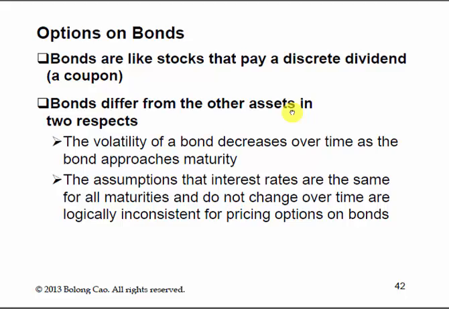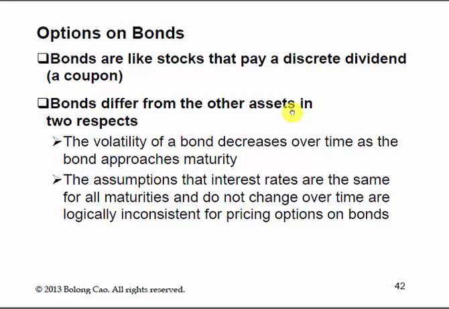Remember, we constructed the binomial lattice using the volatility, but now the volatility is changing. So that's one difficulty. The second difficulty is that the assumption that the interest rates are the same for all maturities and do not change over time is logically inconsistent for pricing options on bonds.